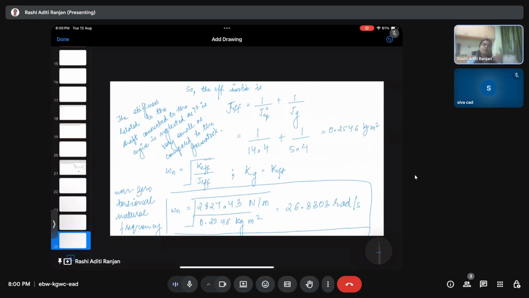So we used the concept of natural frequency to replace the value of k by m. That is how you need to attempt the questions. You need to know some basic relations like omega equals under root k by m, and the relations of k effective and j effective.